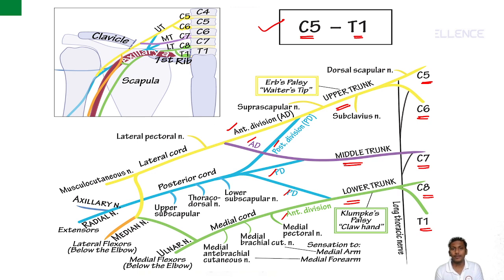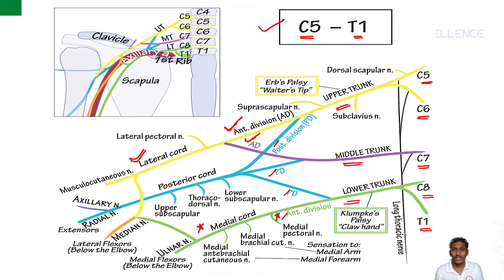The anterior division of the upper trunk and the anterior division of the middle trunk come together to form the lateral cord. Next, the anterior division of the lower trunk alone forms the medial cord. It does not combine with anything.